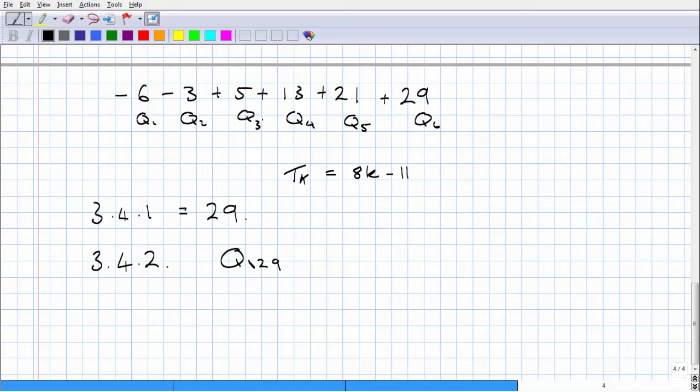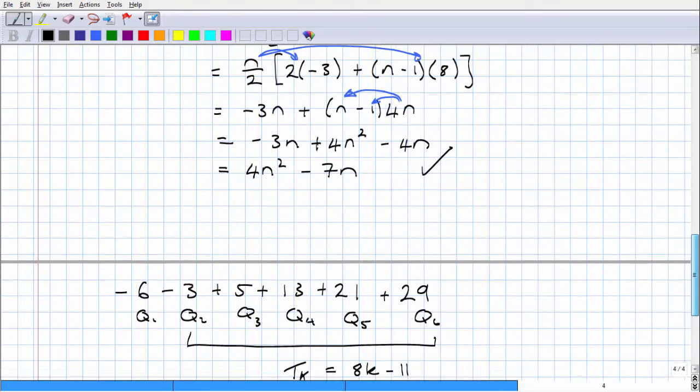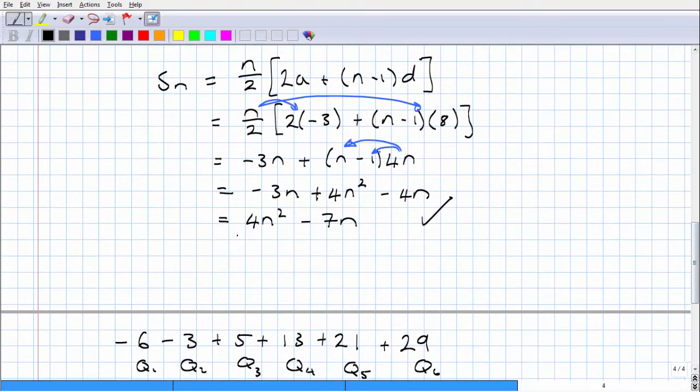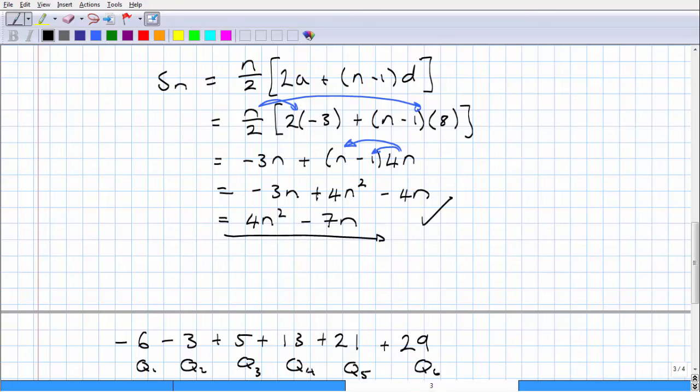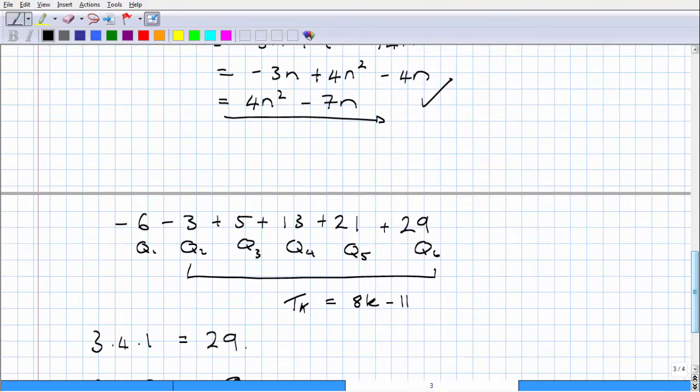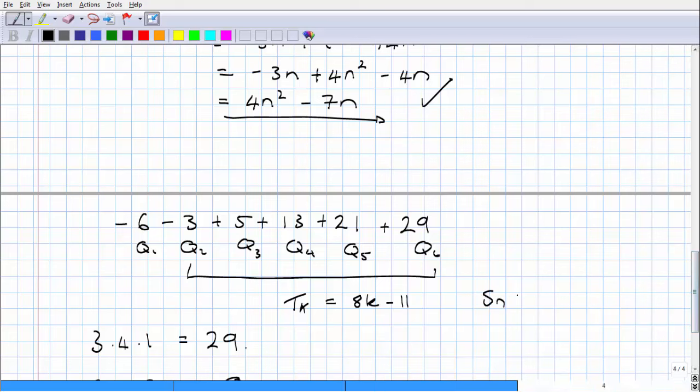So it's actually really simple in the sense that Q129 is equal to, remember I said we mustn't forget this, that we already calculated, and we've already calculated Sn for that. Right, that was given in the previous question. That was given over here. So we know that Sn is equal to 4n squared minus 7n.